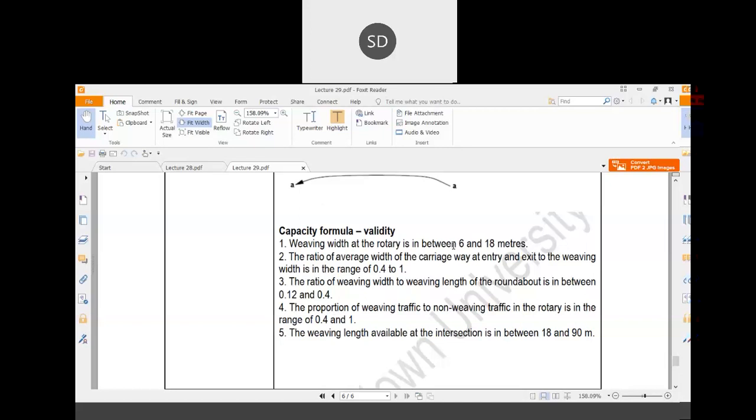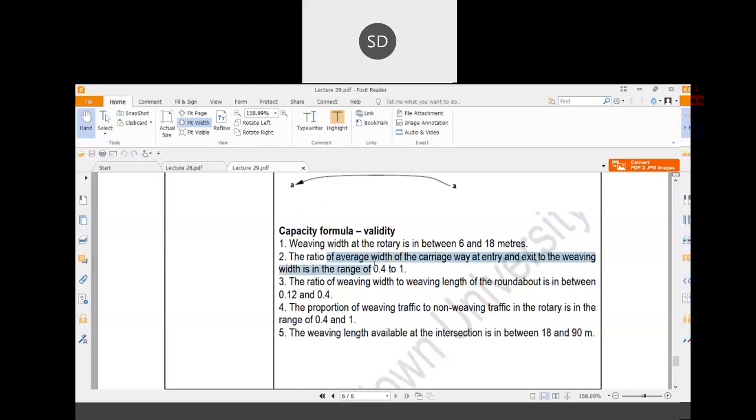Now, how to validate whether the capacity estimated from the empirical formula is correct or not? Your weaving width at the rotary should be in between 6 to 18 meters. If it is less than that range, you can consider any value in between that range.